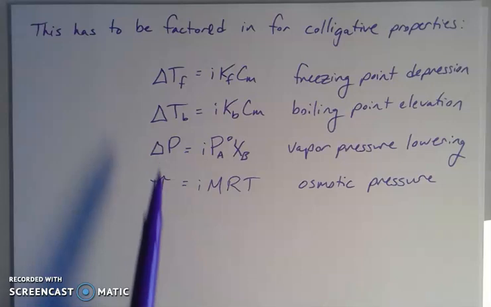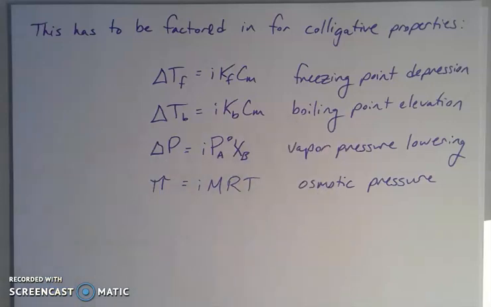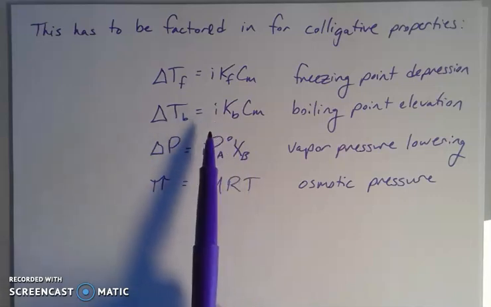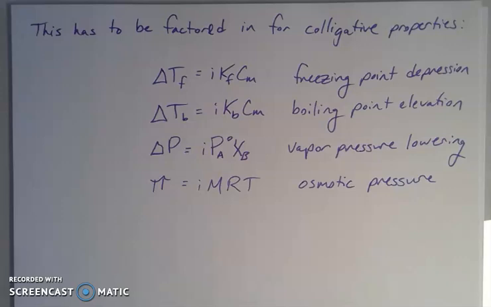For boiling point elevation, same thing. We know the boiling point increases when I increase my solute concentration. The van't Hoff factor acts as a multiplier, so that times the boiling point elevation constant times the molal concentration gives me how much my boiling point is going to go up from the solvent's normal boiling point.